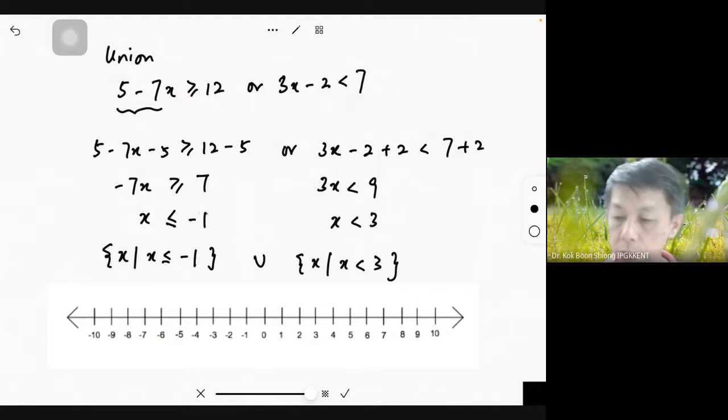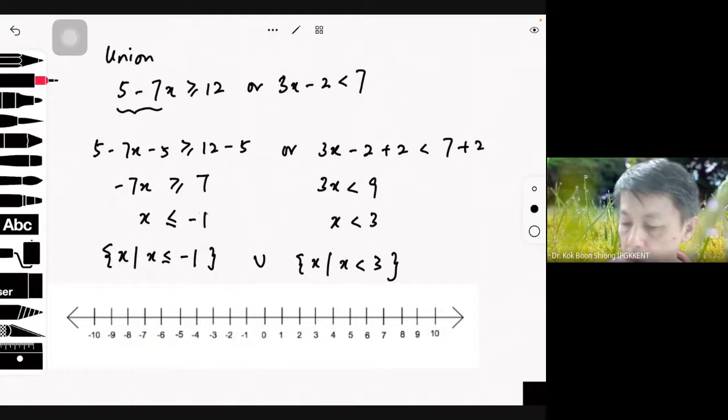Okay, so we have smaller than 3, and then we have smaller than negative 1.